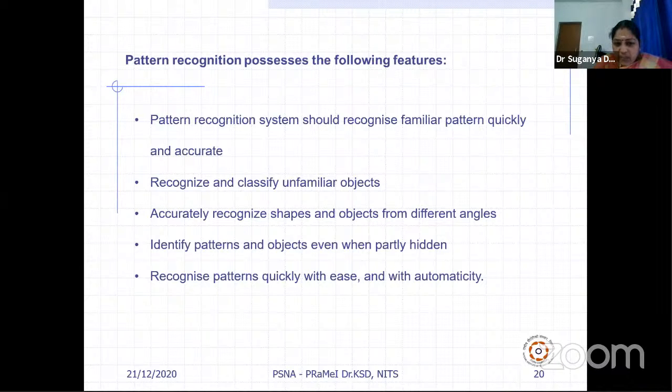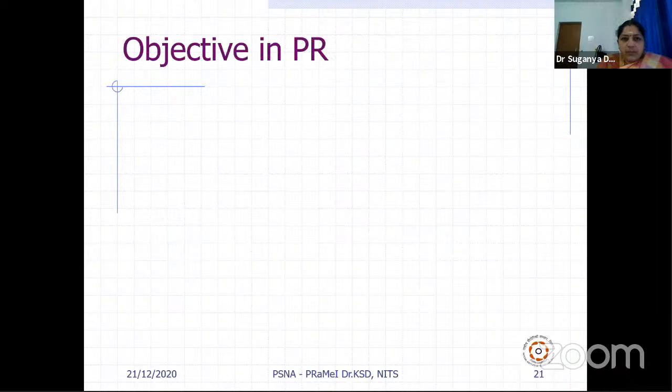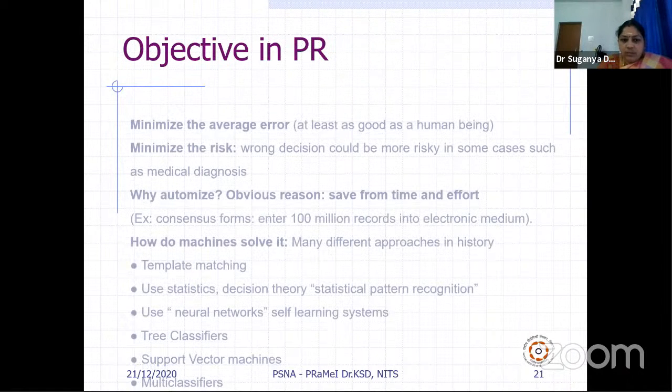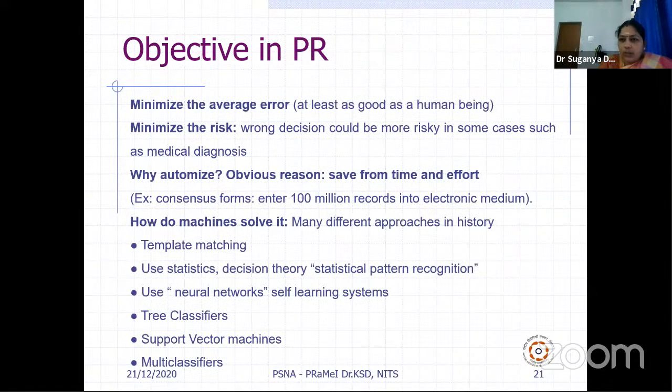So recognize patterns quickly with ease and with automaticity. So these are some of the features, and the objective, obviously, all the researchers will be concentrating on these things only, that is minimizing the average error, minimizing the risk, that is, a wrong decision could be more risky in some cases, such as medical diagnosis. I have stated this already.